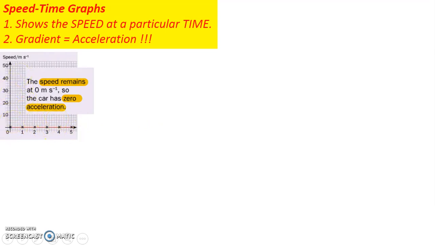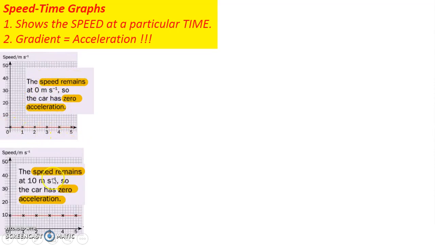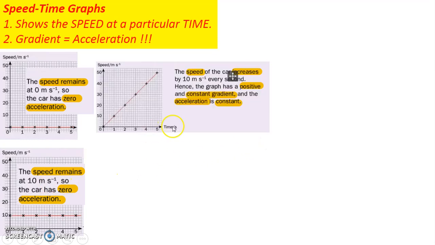In the speed time graph, a flat line at the bottom means the speed remains at zero, so it has zero acceleration. The speed doesn't change, right? What about a flat line slightly above, for example at 10 meters per second? That means it's still zero acceleration, but it's moving at a speed of 10 meters per second.